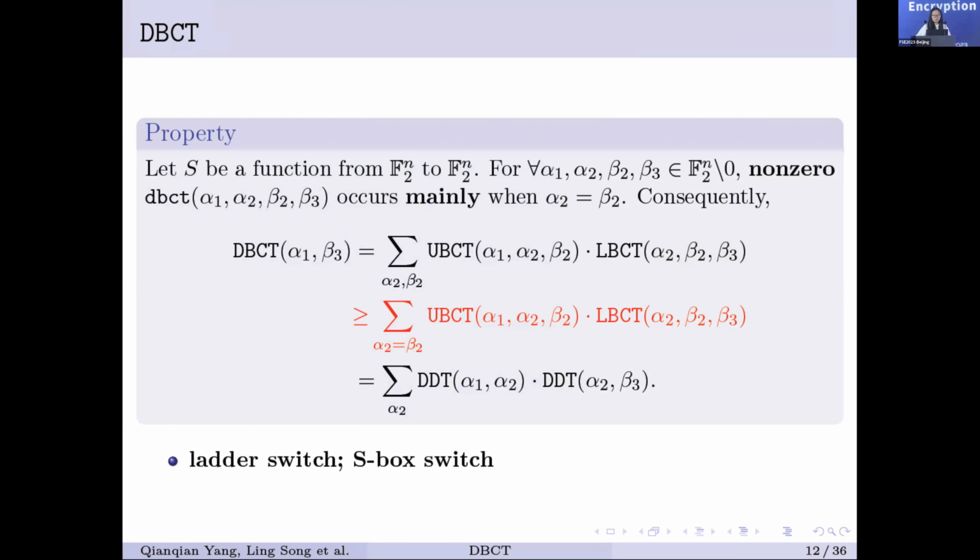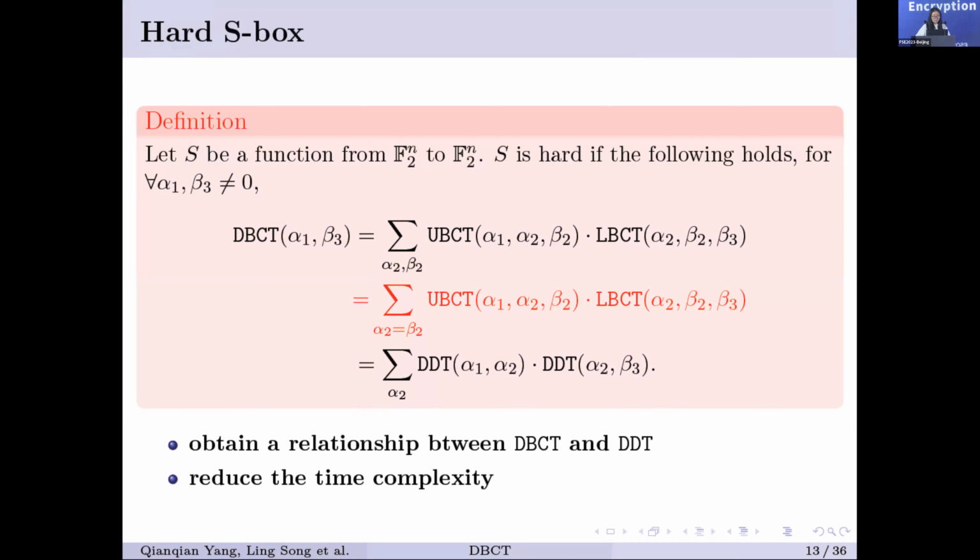From some DBCTs, we find that for all S boxes, non-zero DBCT occurs mainly when alpha2 is equal to beta2. That is, in the DBCT, there are mainly ladder switch and S box switch. Especially for some S boxes, there are only ladder switch and S box switch. That is, for all alpha1 and beta3 this equation is true.